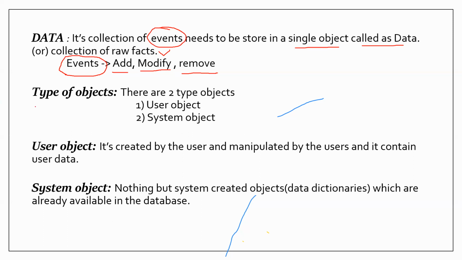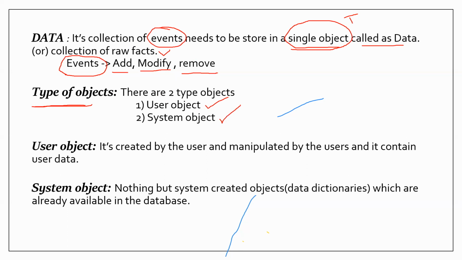So like that, there are two types. Here, the events need to be stored in a single object. An object is nothing but a table; indexes, sequences, synonyms are all objects. There are two types of objects we have: one is the user object, another one is the system object.